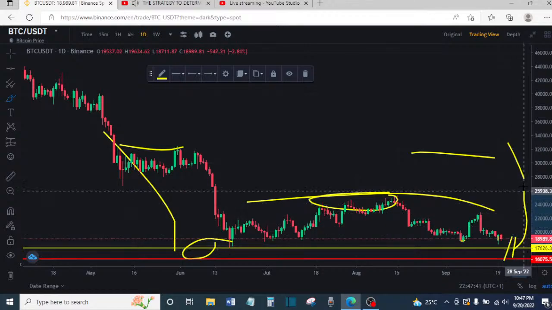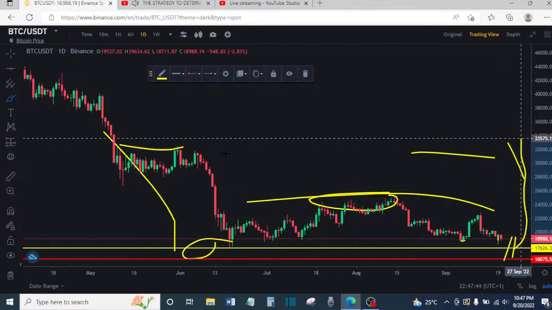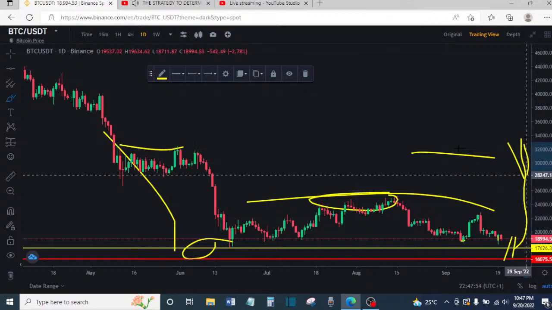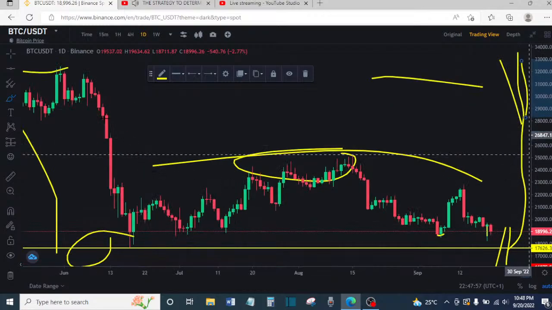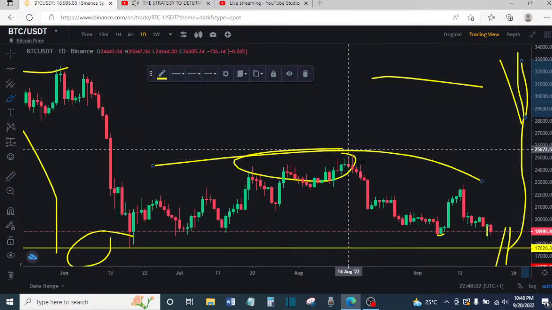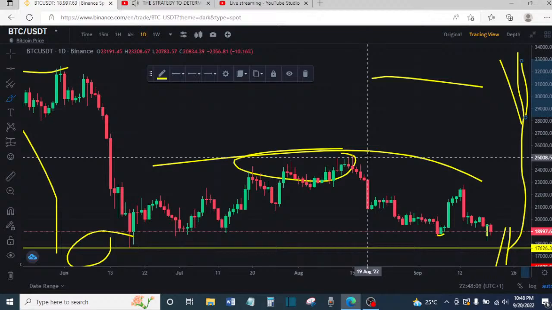Price can rush up and take out this area slightly, then fall back down. Immediately after taking out this area, they will fall back down to retest this area, to around $25,000, then rebound again.